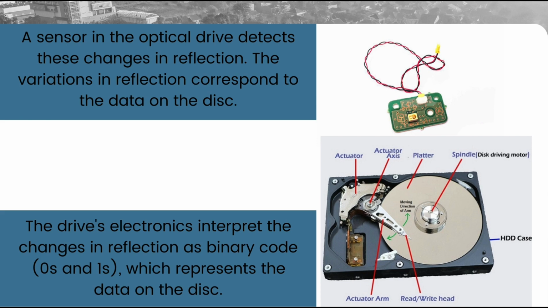The variations in reflection correspond to the data on the disc. The drive's electronics interpret the changes in reflection as binary code, 0 and 1, which represents the data on the disc.